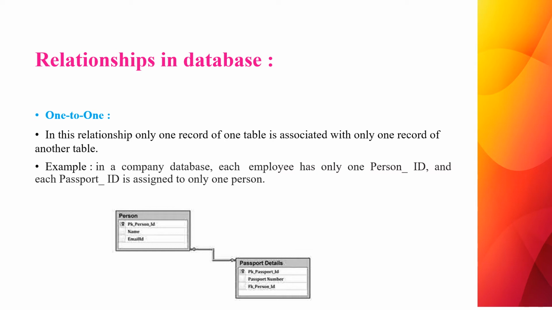So the person's ID from the person table is related to the person's ID of the passport details table. So it forms a one-to-one relationship between the two tables.